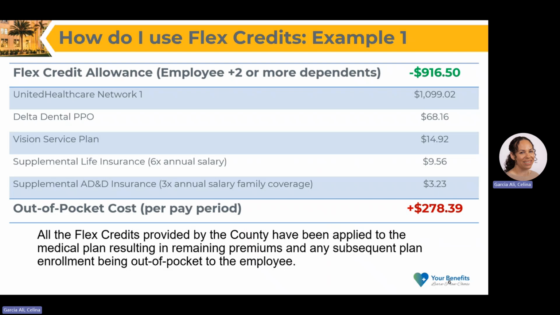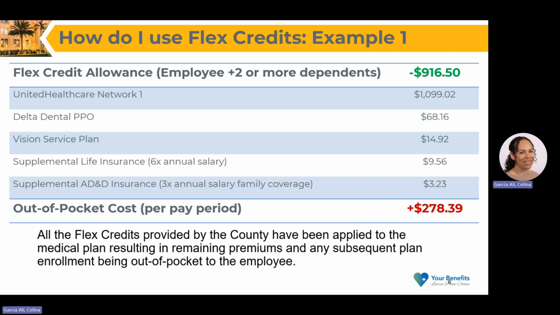They've also chosen the Delta PPO plan at $68.16, the Vision Service plan at $14.92, supplemental life insurance at $9.56, and supplemental AD&D at $3.23.